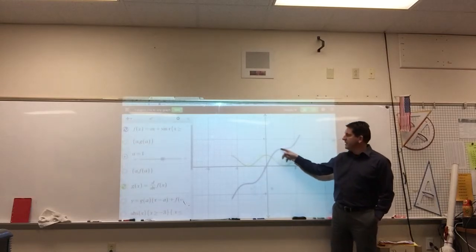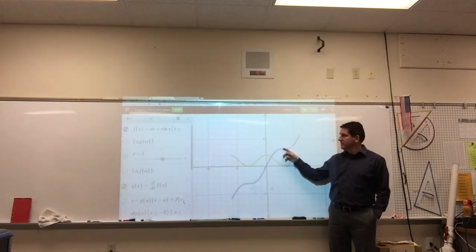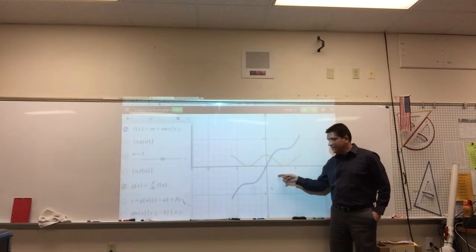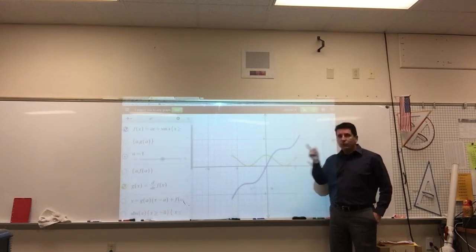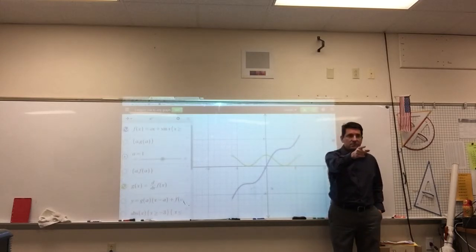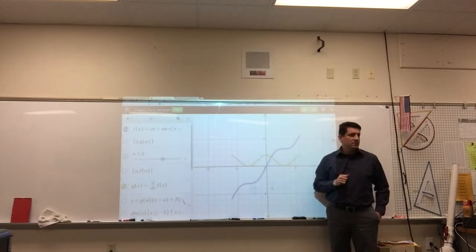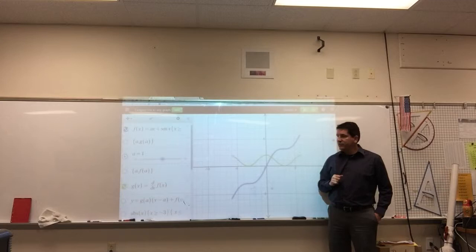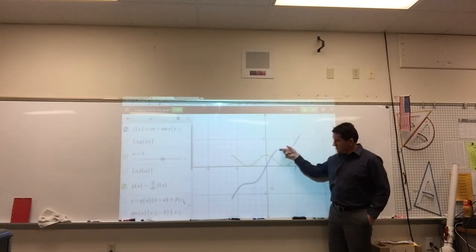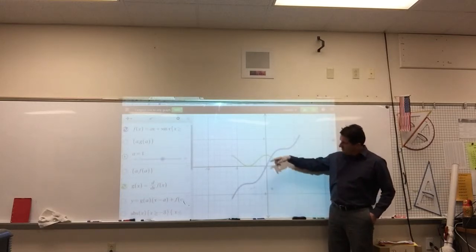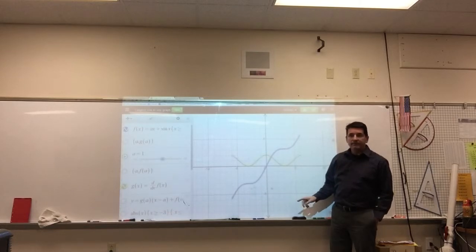Then it increases again, and then it's 0 again. So this is an example of a case where there's 2 critical numbers, but there's no maximums or minimums on the function because it just levels off. It doesn't go up and then come back down again. See that?